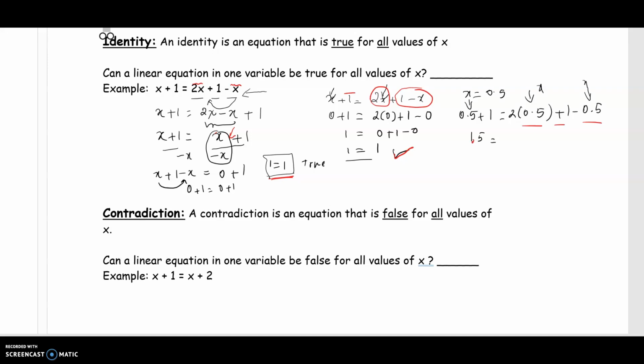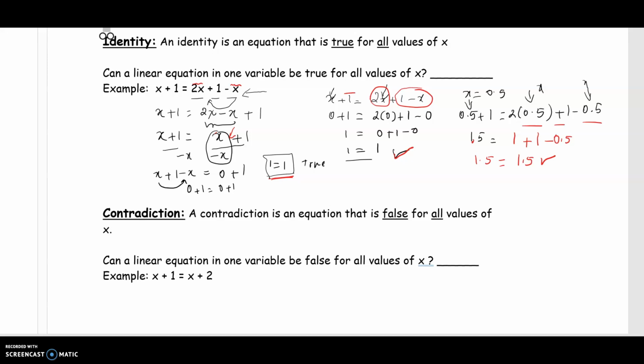So 1.5 on the left is equal to 2 times 0.5, which is 1, plus 1 minus 0.5. On the right, 1 plus 1 is 2, and 2 minus 0.5 is 1.5. So that also works.